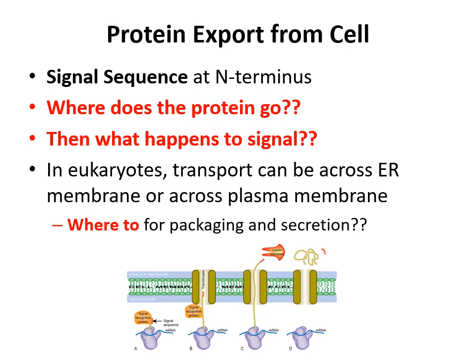Now, once the proteins have been made, they're not going to be used exactly where they're made, which means you need some sort of way to have the protein exported or transported out of the cell. The way cells can do this is there will be a signal sequence at the N terminus, and that sequence gets recognized by what's called a signal recognition protein.